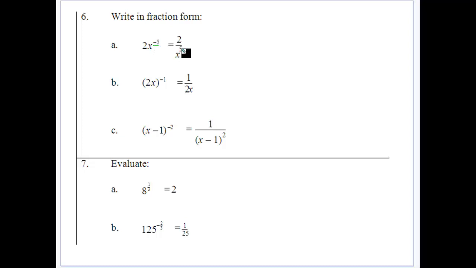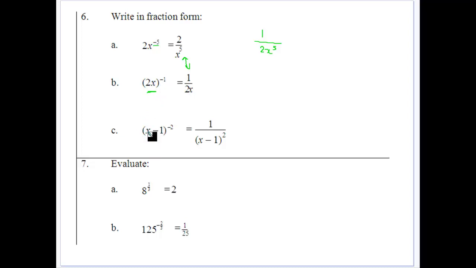Now this one's one where we've got to be really careful and know the difference between these two, because notice the 2 stays on top because it's only the x to the power of minus 5, not the 2. So I often see students write it like that. They start to bring the 2 down with it, but the 2 is not associated with it. It is here though, because we've got the brackets all to the power of minus 1, so that's where it goes 1 over 2x, because everything in the brackets is to the power of minus 1.